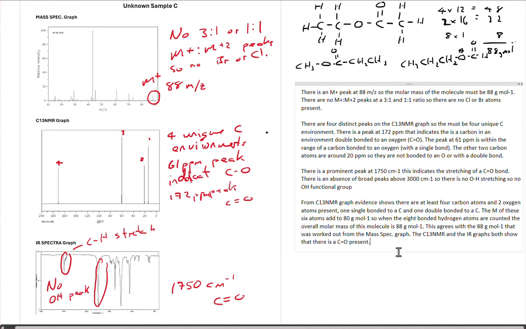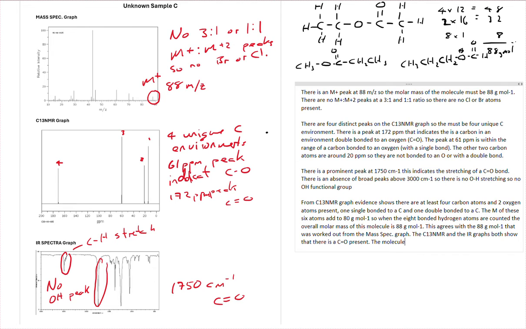Okay, so the molecule cannot be a carboxylic acid or an alcohol, as there is no O to hydrogen stretch, no peak produced from the O to hydrogen stretch.